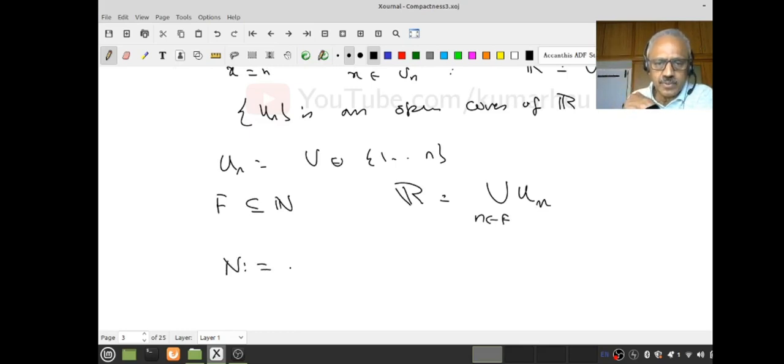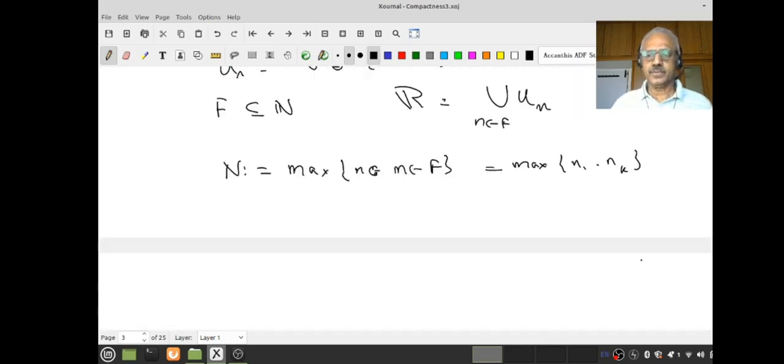So let N equal the maximum of n in F, or as usual, F equal to n_1 to n_k.